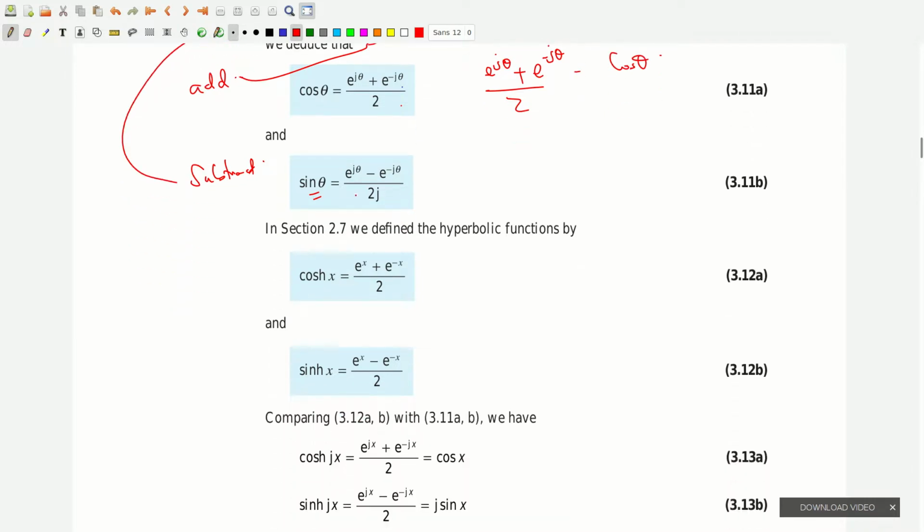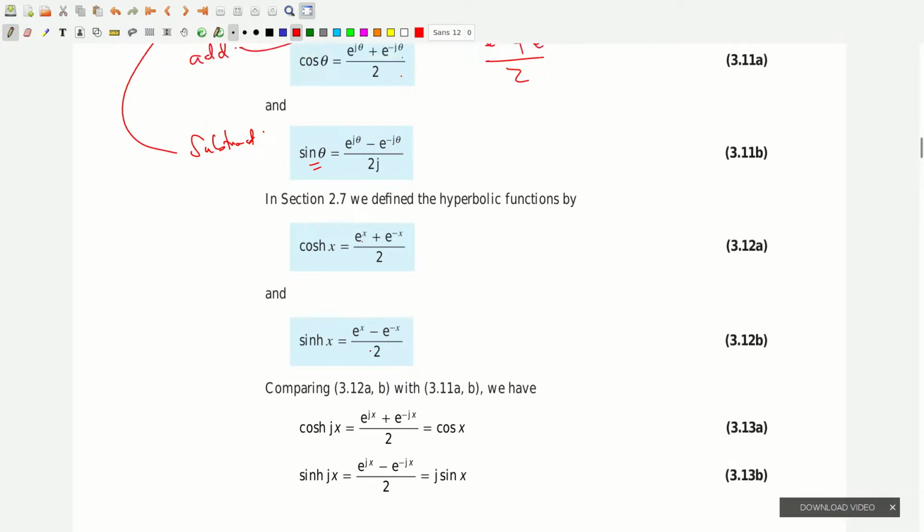So again, previously we didn't look through this, but for now we can take it as true that the hyperbolic cos of x is e^x plus e^(-x) divided by 2, and the hyperbolic sine is e^x minus e^(-x) divided by 2.